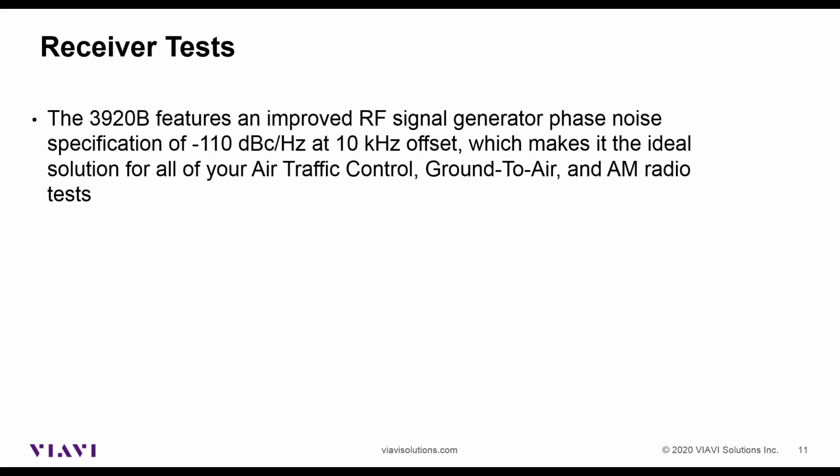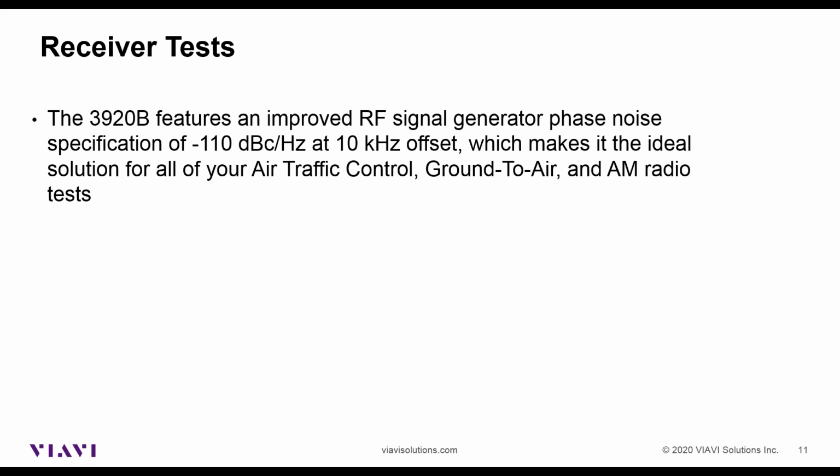Another important thing with the receiver test, the 3920B over the plain 3920 and the older 3901, 3902 models, the B version, effectively, the main feature there was that we improved the phase noise of the RF signal generator in the test set.